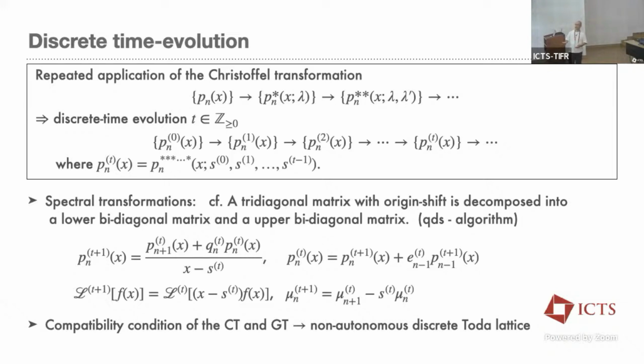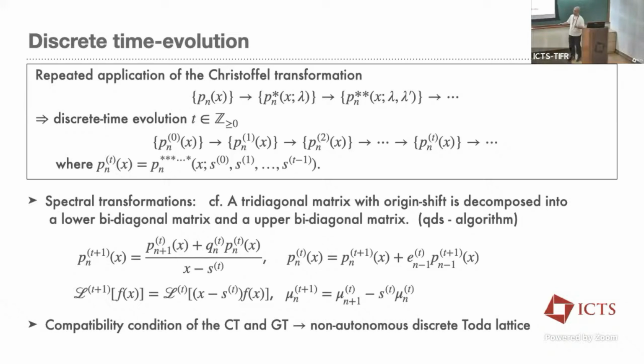So we can consider a compatibility condition of these 2 transformations. Both of them are linear equations. If we have 2 linear equations, we have to consider the compatibility condition to obtain the nonlinear system. This is a standard technique for integrable systems.